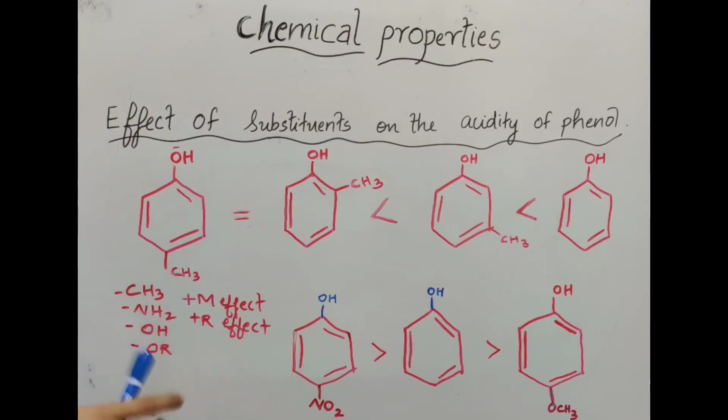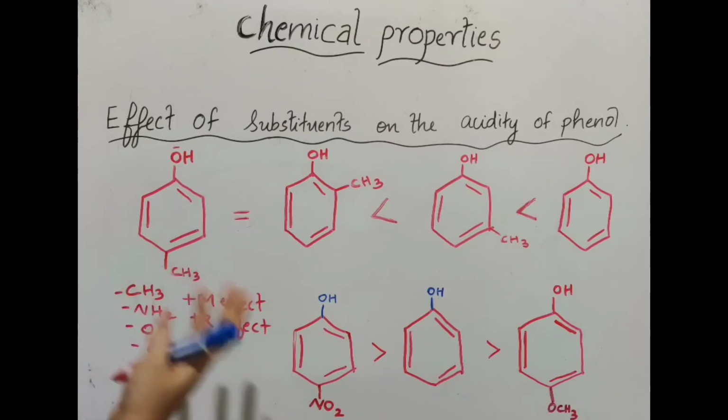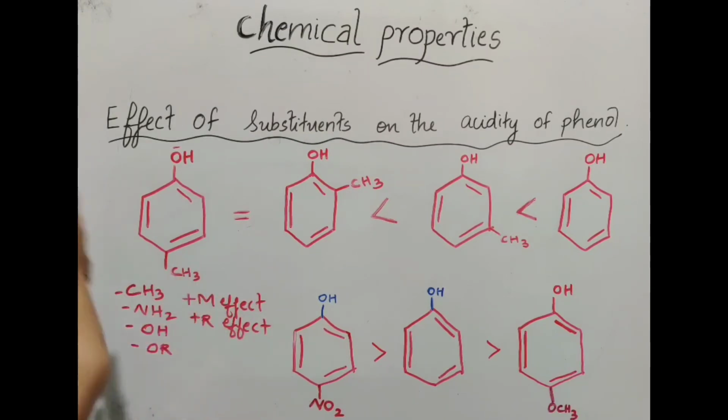But groups like NH2, OH, OR, when present in the meta position, what is happening to the acidity of the phenol? Actually, these groups present at the meta position increase the acidity of phenol due to minus I effect.